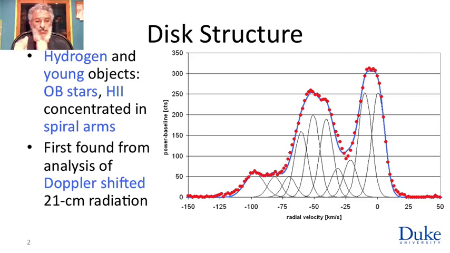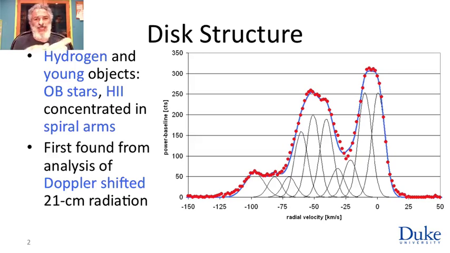But if you look for the concentrations of particular kinds of stars, blue stars, OB stars, the attendant ionized hydrogen, H II regions that indicate star formation, and to some extent the molecular hydrogen clouds, those are not scattered uniformly over the disk, but in fact are concentrated in these spiral arms, these linear structures that wind through the disk.